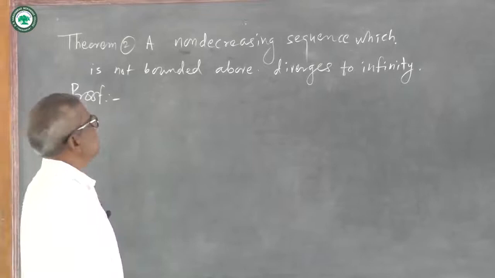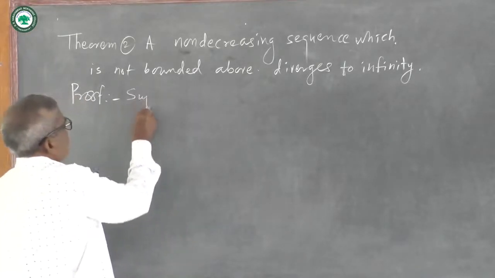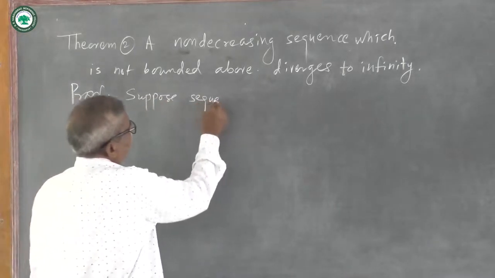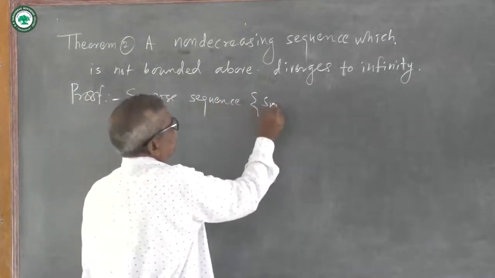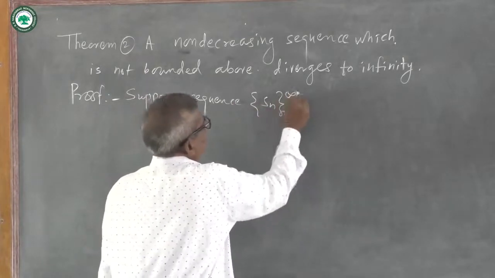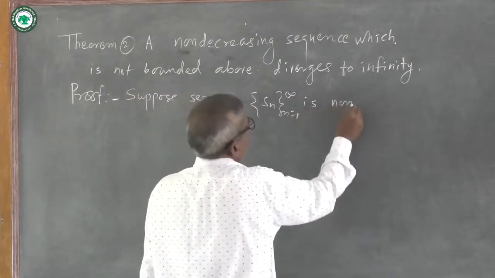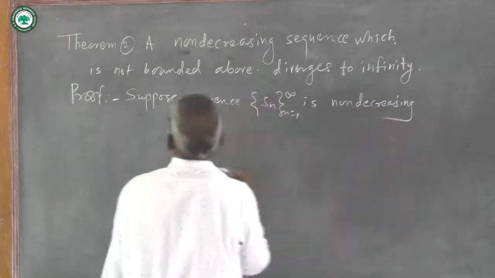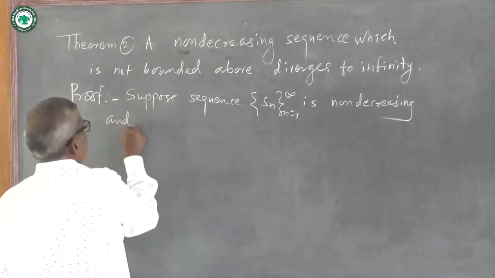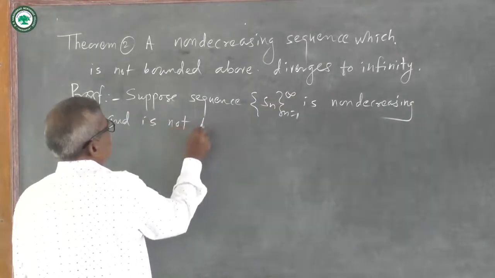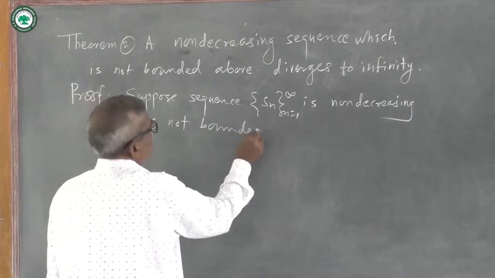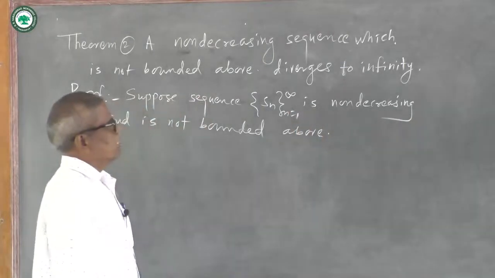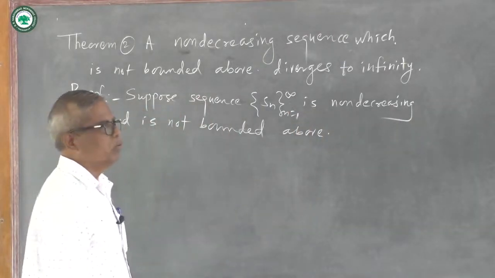Suppose the sequence S suffix n, n equal to 1 to infinity, is non-decreasing and is not bounded above. This sequence Sn is not bounded above.